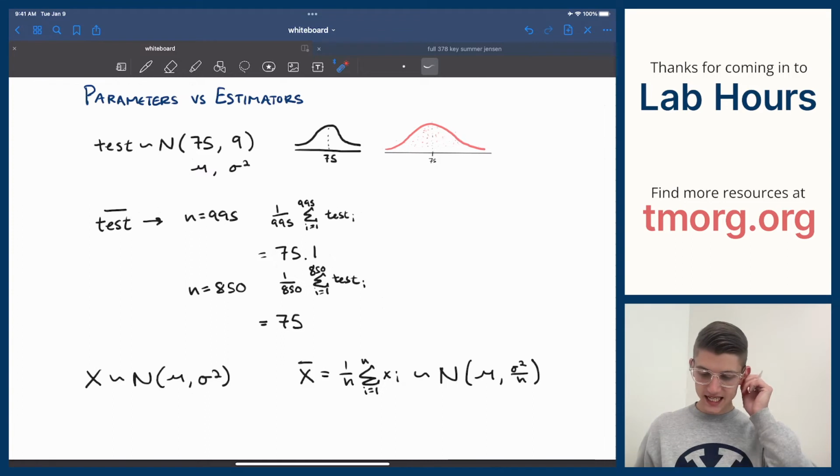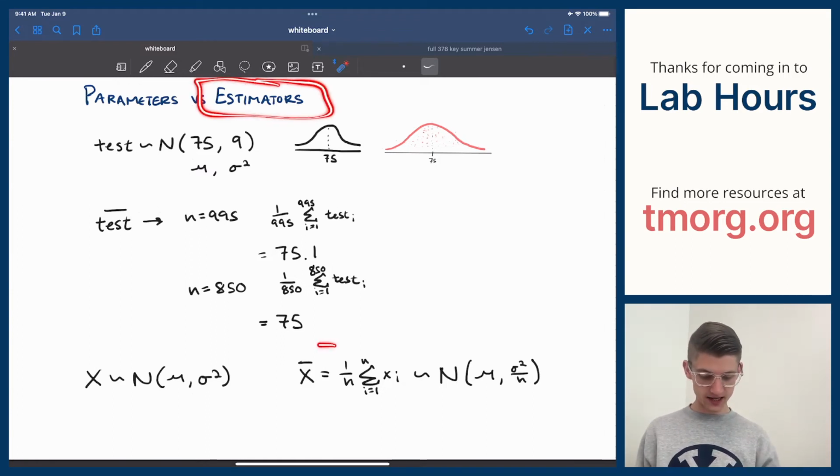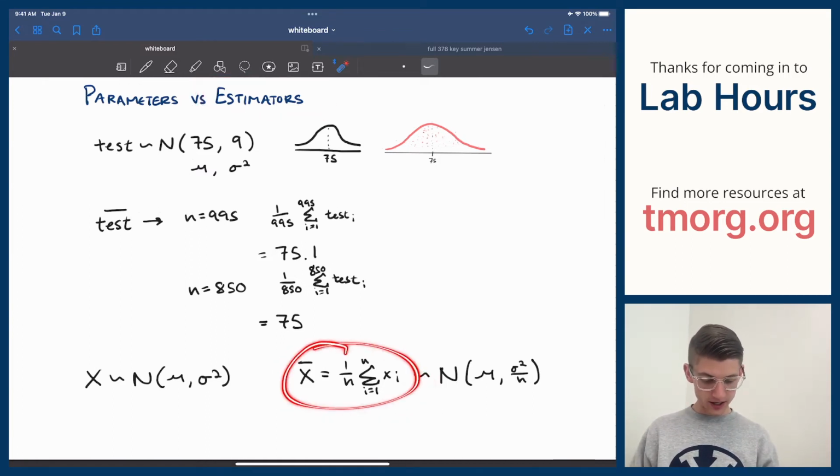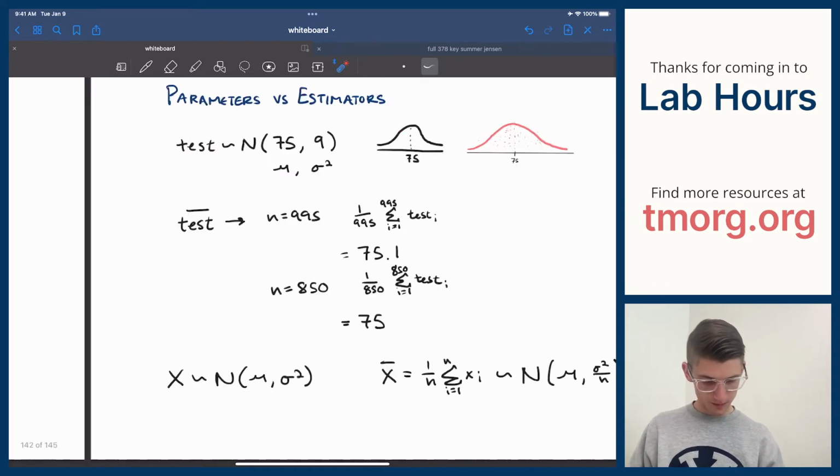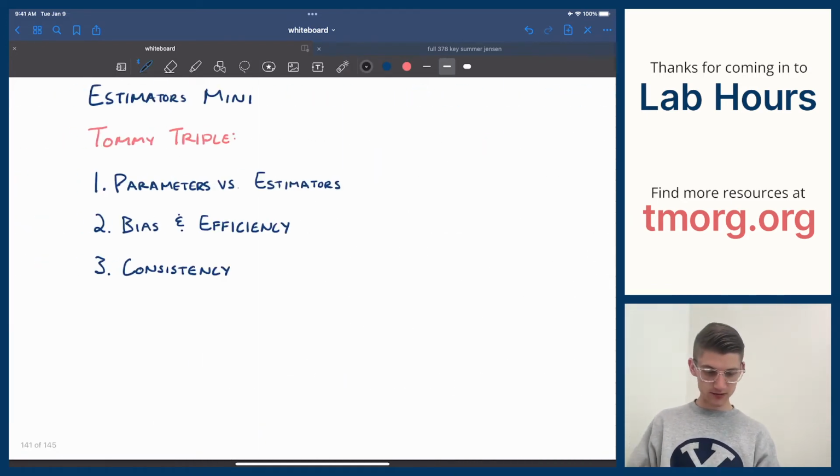So that's the idea of using an estimator or a telescope, calling an observation of a telescope, right? Here's one observation of test bar, here's another one, right? This one actually hits mu because we knew that. This one doesn't, but it gets really close, right? So that's the idea of parameters versus estimators.